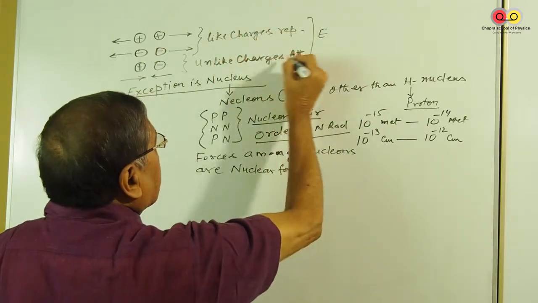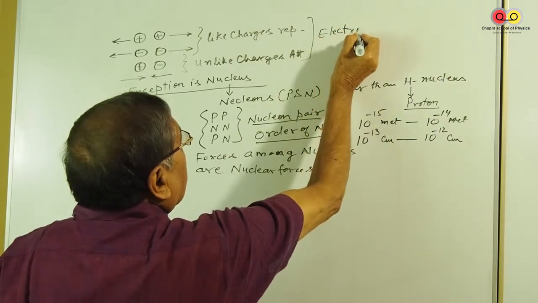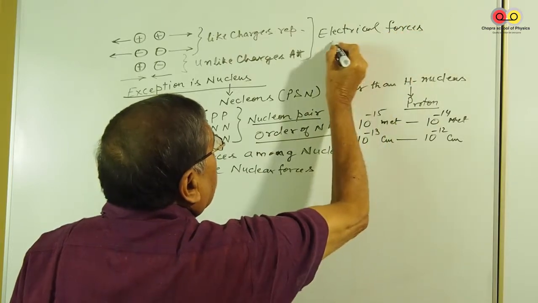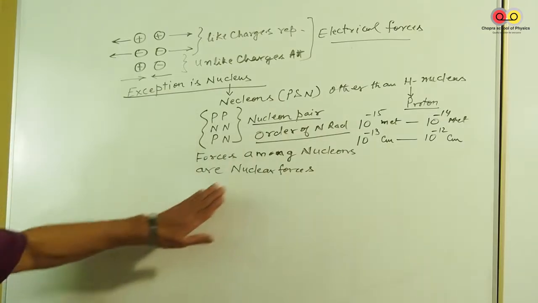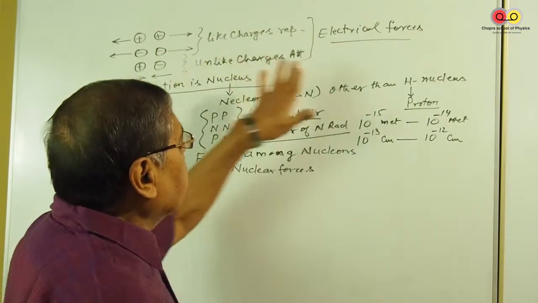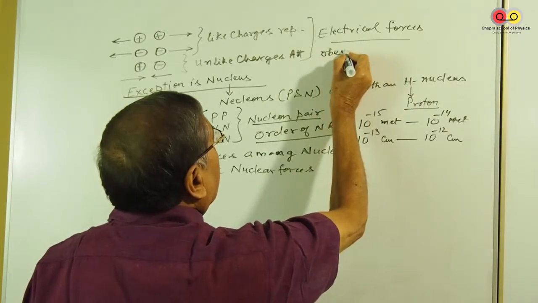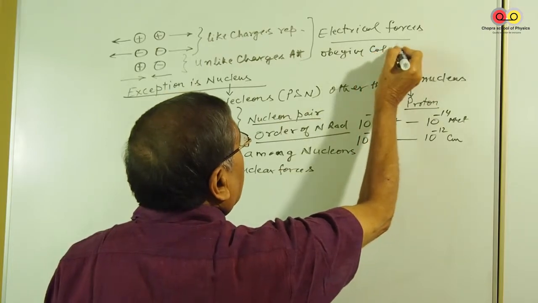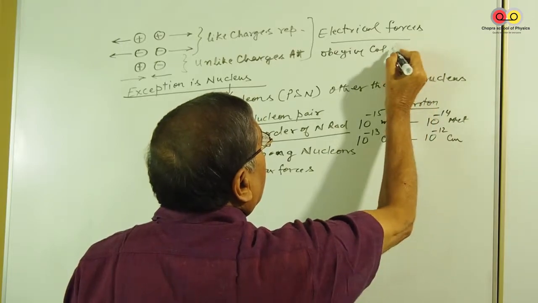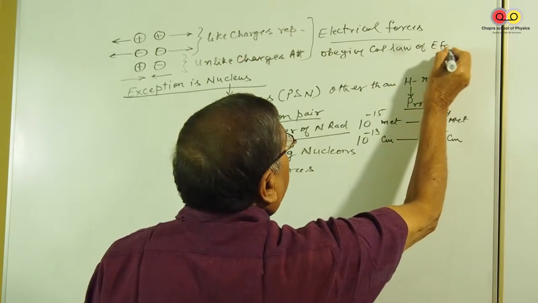Like charges repel, unlike attract, these repulsive or attractive forces are electrical forces. Nuclear forces do not obey Coulomb's law, but electrical forces obey Coulomb's law. They are called electrical forces obeying Coulomb's law, Coulomb's law of electrical forces.